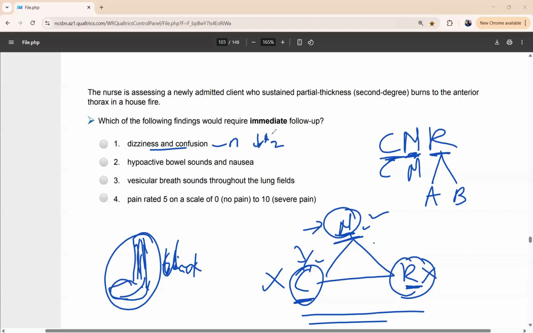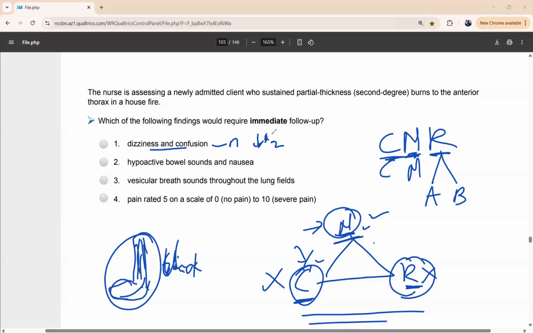Because there are different reasons why a patient can be dizzy and confused. One, it might be due to a condition. Dizziness can be due to medication as well, it depends on the medication, but this question is not talking about medication, so we cannot think about medication. Confusion and agitation can be due to a condition such as Alzheimer's disease, but this question is not related to Alzheimer's disease.